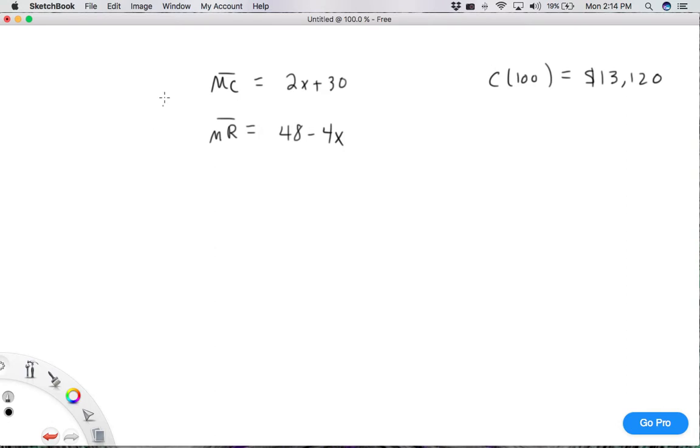Marginal cost is actually the derivative of the cost function, and marginal revenue is like the derivative of the revenue function. So we're kind of going to work backwards. And since we know something already about the cost function, I think we're going to work with that one first.